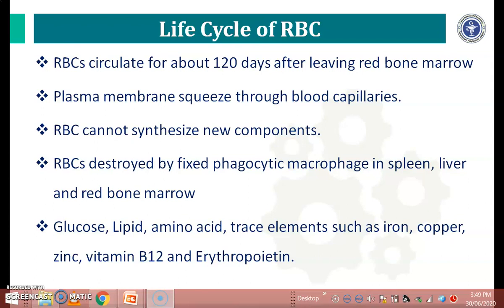Now, trace elements such as iron, which is an important constituent of hemoglobin, are stored in the form of ferritin and hemosiderin in the liver, spleen and bone marrow.